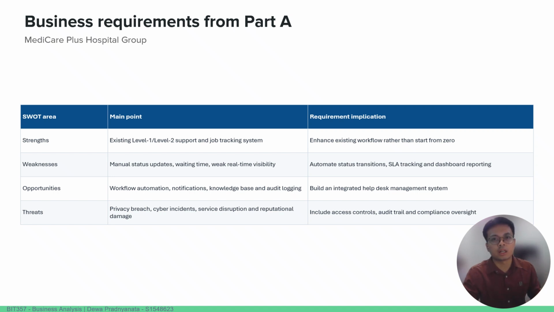The opportunities are to automate the workflow, add notifications, create a knowledge base, improve audit logging, and provide better reporting. The main threats are privacy breaches, cyber incidents, poor service performance, and reputational damage. Therefore, the proposed system needs to improve speed, accuracy, visibility, and compliance.